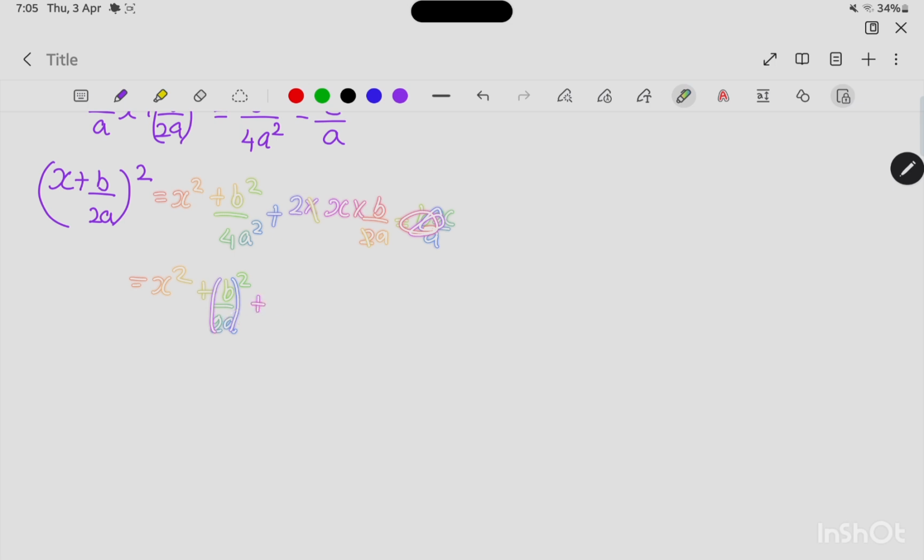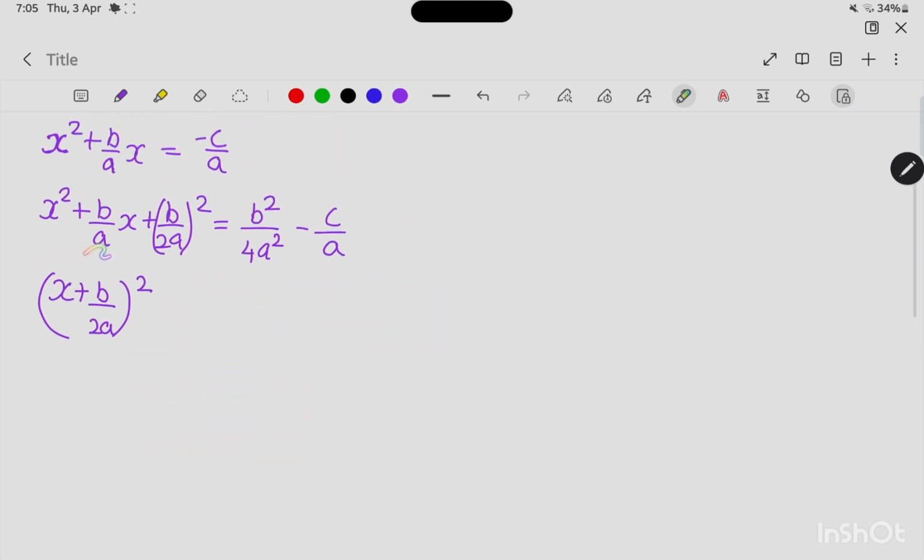Just memorize this for a moment. We got x square plus bx by a plus b divided by 2a the whole square.